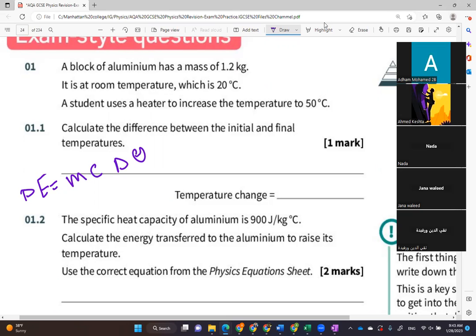So find delta theta first and then find delta E. You are working, right?